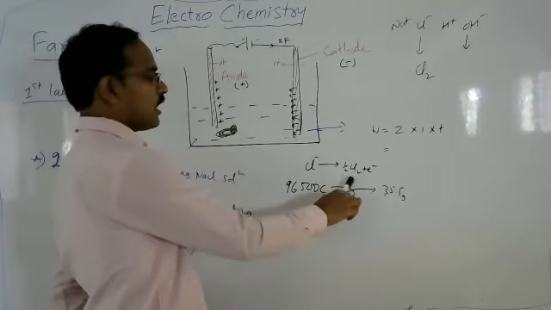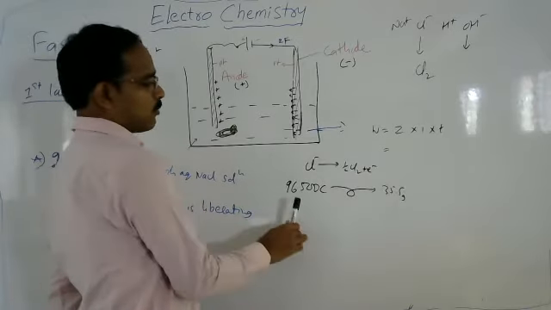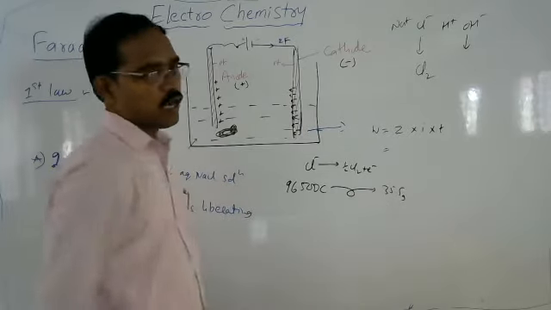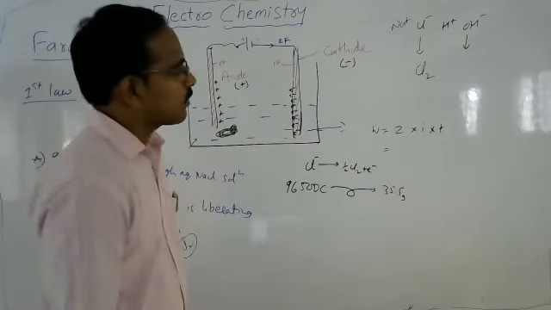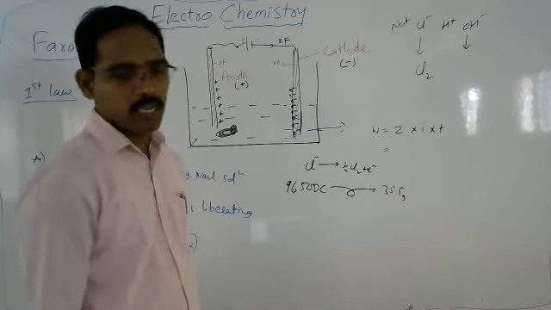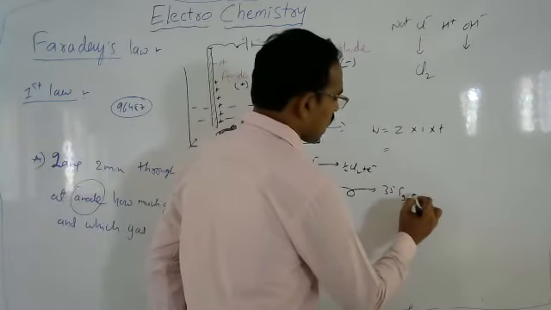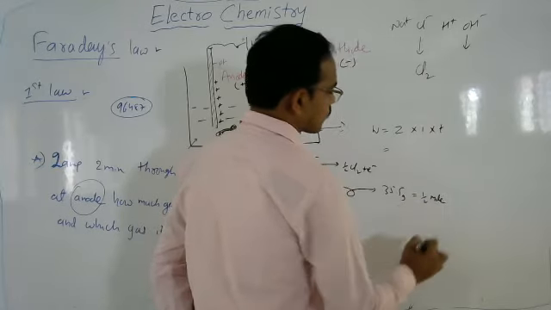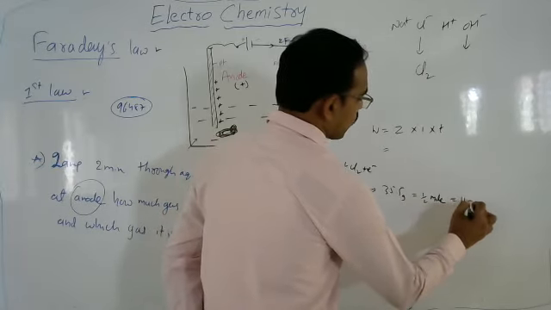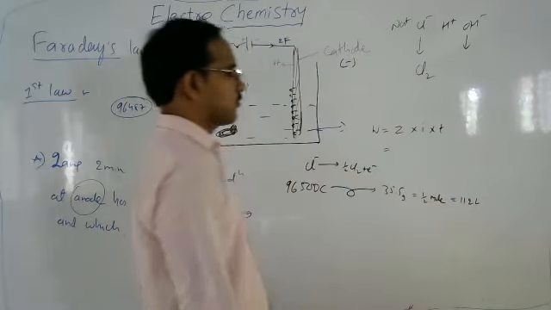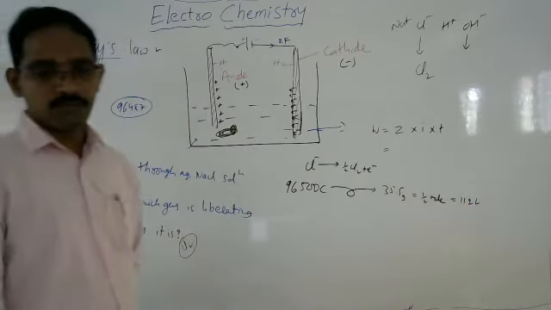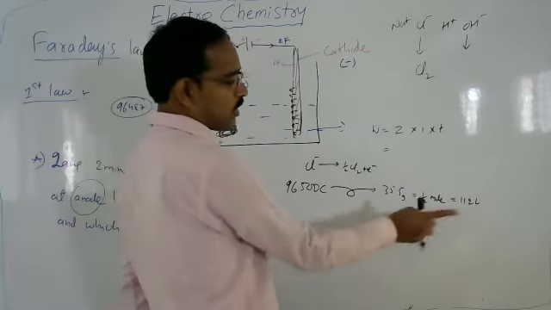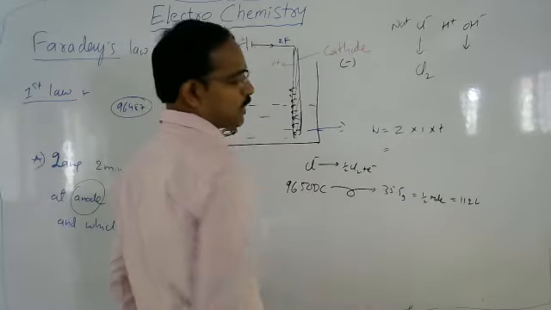When 1 mole of electrons is exchanging, that means 96,500 coulombs, 35.5 grams of chlorine is liberating, or I can say half a mole, which equals 11.2 liters. Is it clear? All three are correct: 35.5 grams, or half mole, or 11.2 liters.